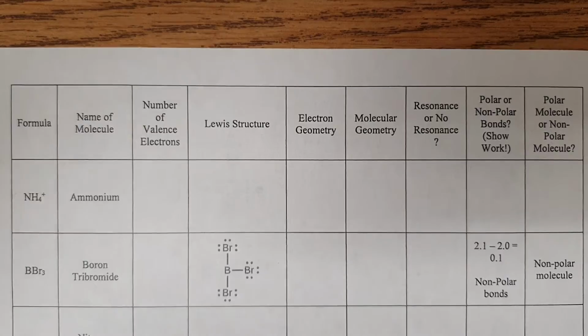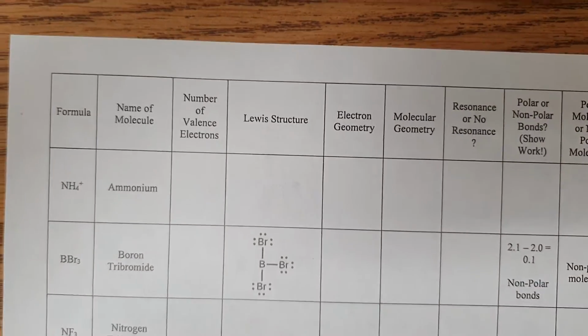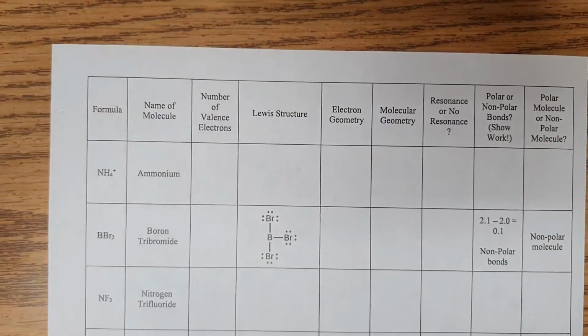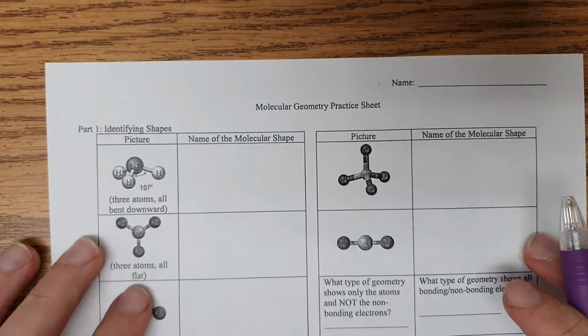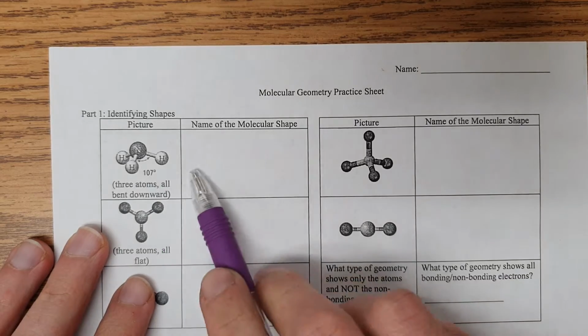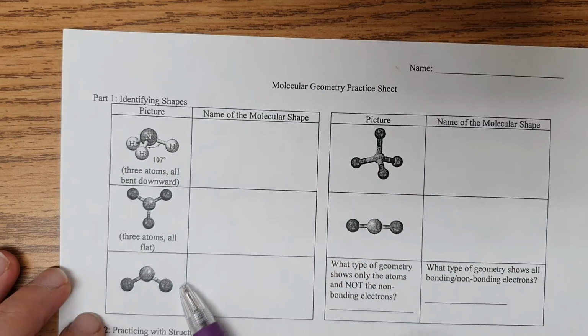Okay, so let's adjust the camera a bit. And let's get started going through some key questions here, beginning with the very first thing: you've got to know your shapes in order for this assignment to make sense.